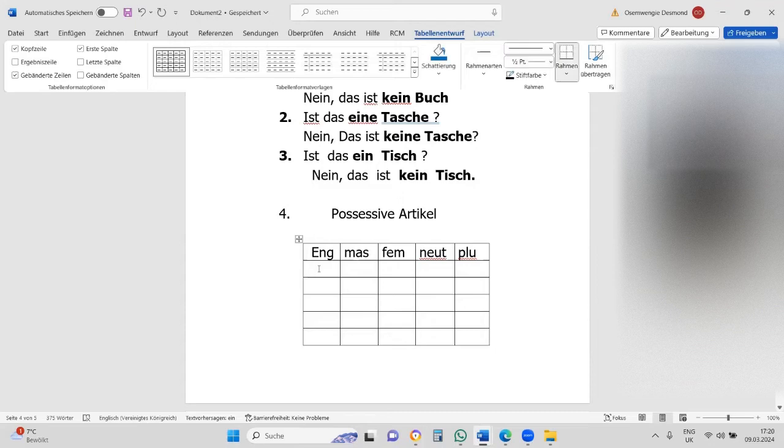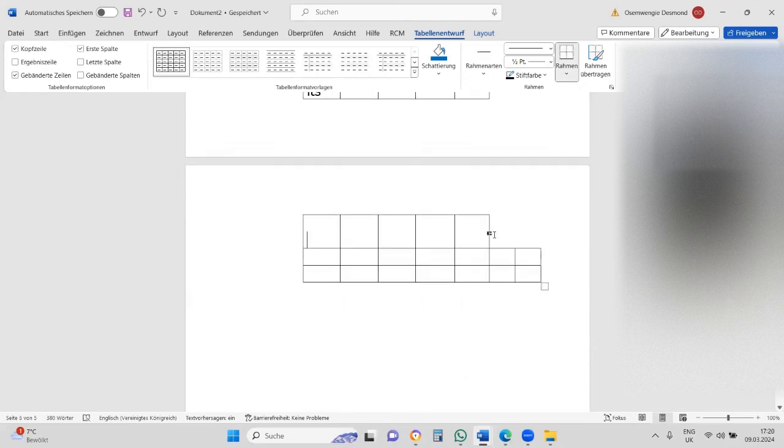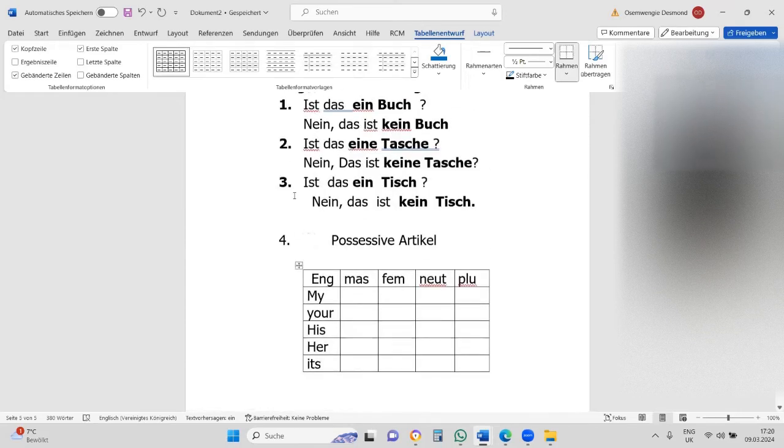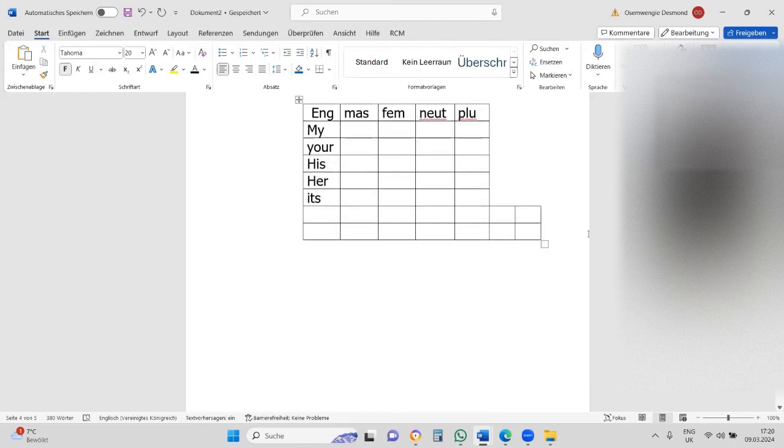So in English, let's start with my, your informal, that is when you're referring to your friend, your, his, her, its. Let me put that in the next line.